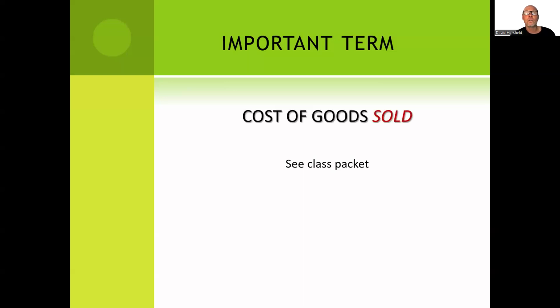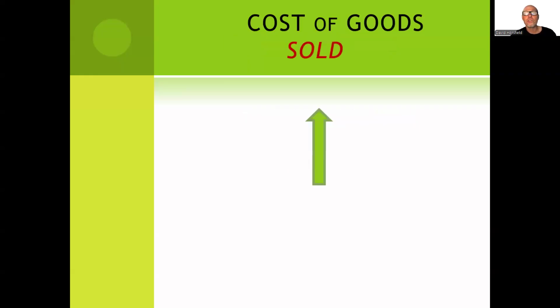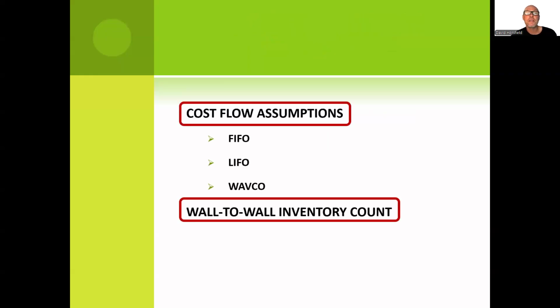So costs of goods sold. The term sold means sold is done. It's already happened. What did it cost us to sell what's already happened, right? So there are some different costs of goods sold methods, different ways to get to determining that.